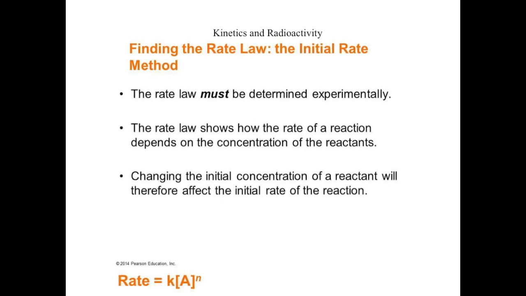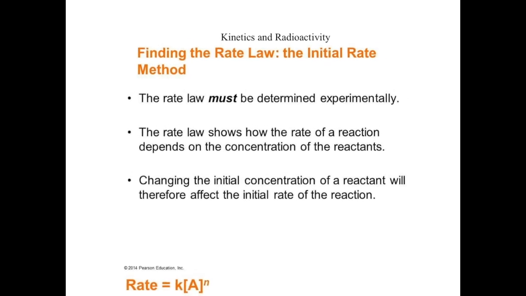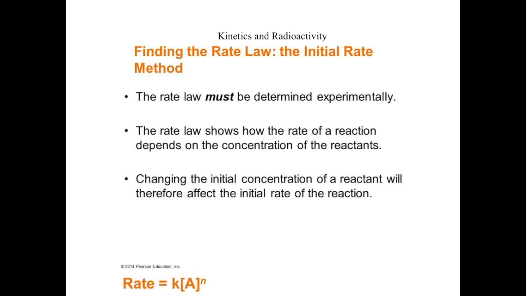All right, so let's look at how you actually find the rate law. Okay, there's a few methods we can use, and I'll show you them. The first one we're going to cover is what we call the initial rate method. And just a reminder, rate laws have to be determined experimentally.